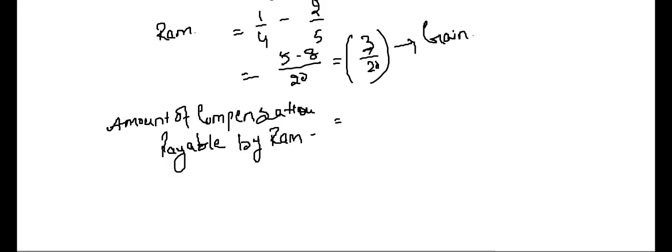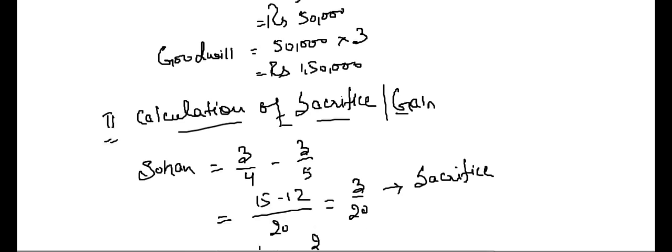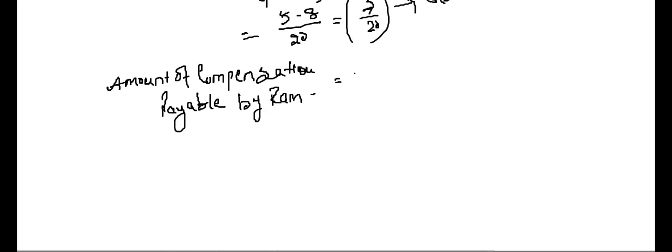How much is the goodwill? The goodwill is 1,50,000. And how much is the gaining share? 3 by 20. So the amount of goodwill compensation comes to rupees 22,500.